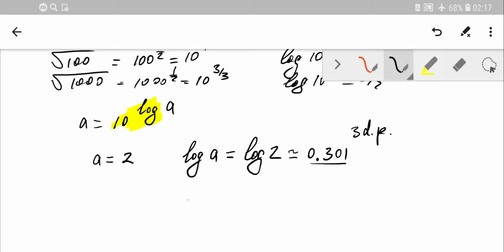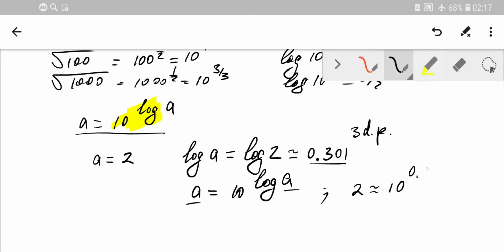Okay, so we can figure out using the property that your a is 10 to the power log a. In our case, a is 2, so we can plug that in and write that 2 is about 10 to the power 0.301. That's also a useful thing if you want to convert and represent a number as 10 to some power.